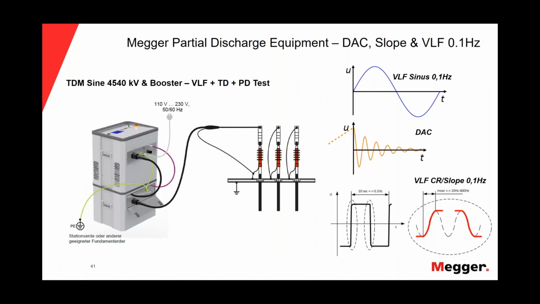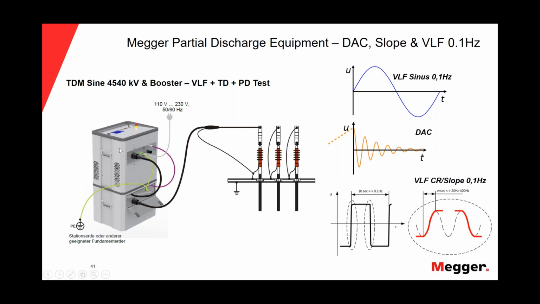And next, we have the TDM Sin 4540 kV unit. That is really a very interesting unit because we will have everything we need for BLF, tan delta, and partial discharge. The TDM is a BLF Sin 45, but we can put a booster, and with the booster, we will have access to the cosine rectangular wave shape for the BLF test, but also the damped AC for the partial discharge test.